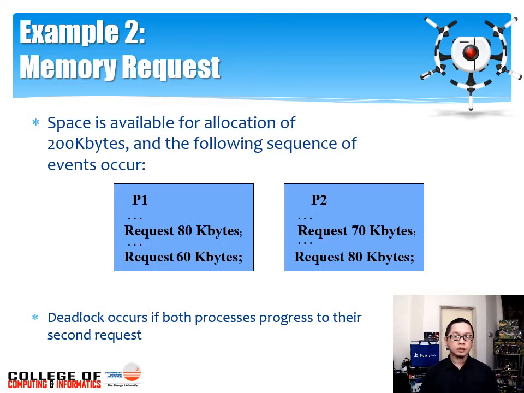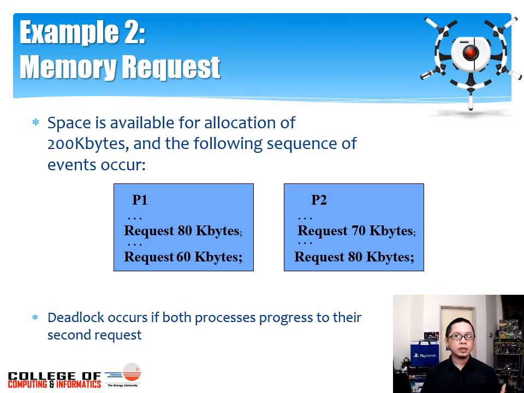Now imagine the next instruction is being executed. P1 wants to request an additional 60 kilobytes, so you have 80 plus 70 plus 60 now. You don't have enough memory to give to either P1 or P2, because 80 plus 70 plus 60 is more than 200 kilobytes of memory.